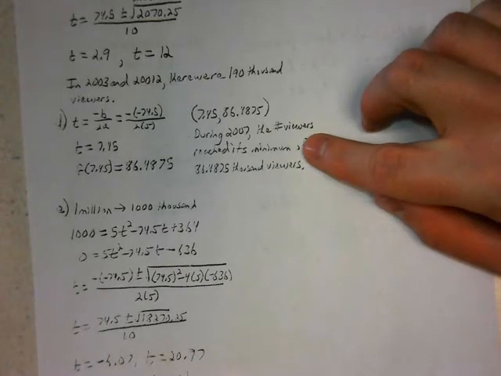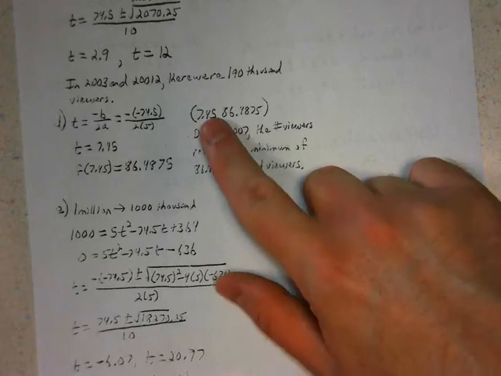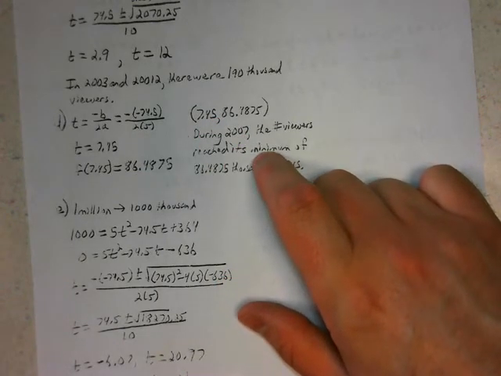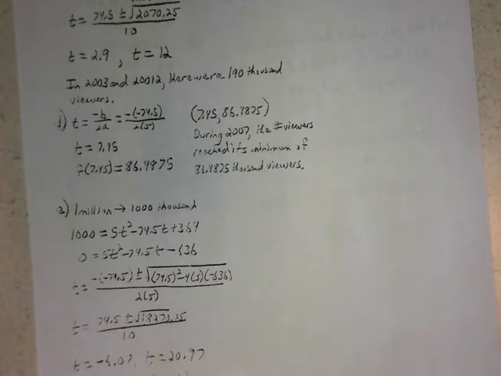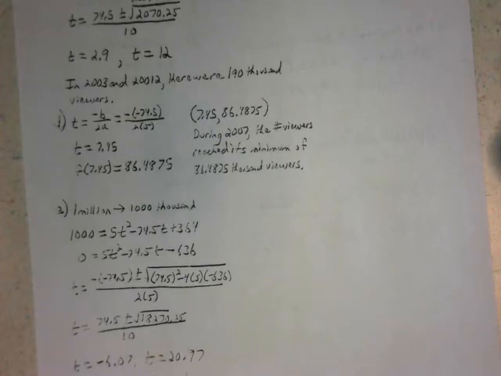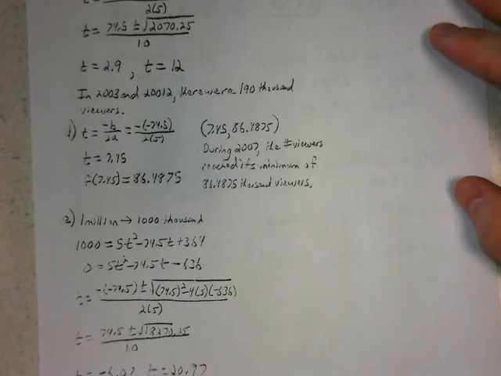So during 2007, when t is 7, now if you said during 2008, I would accept that, the number of viewers reaches its minimum of 86.4875 thousand viewers. We know it's a minimum because the original equation was a positive 5t squared, so the a value was positive, so it opens upward. So we know that we have a minimum value for the vertex.